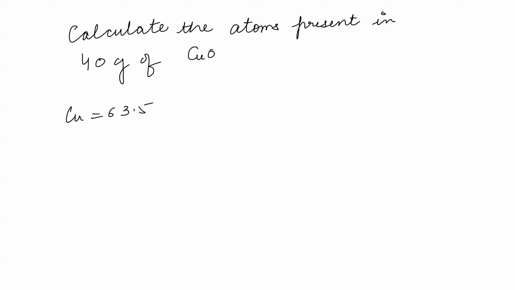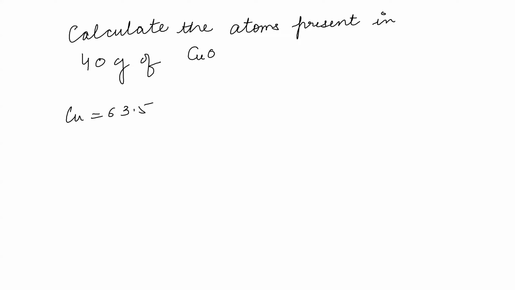Number of atoms present in 40 grams of CuO. And I have already given you the atomic mass of copper. Mass over molar mass.